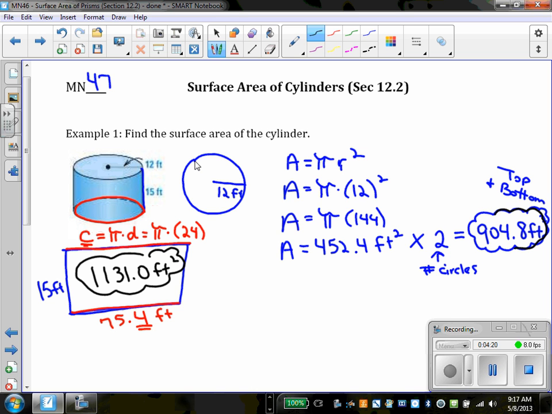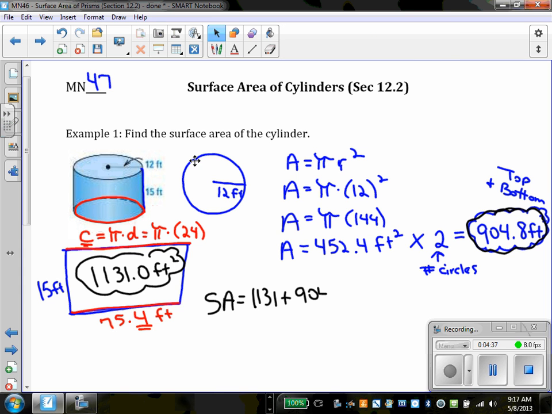This represents the area top and bottom. So the entire surface area, I'm going to calculate right here, is going to be 1,131 plus 904.8. Also, my smartboard just stopped there for a minute.